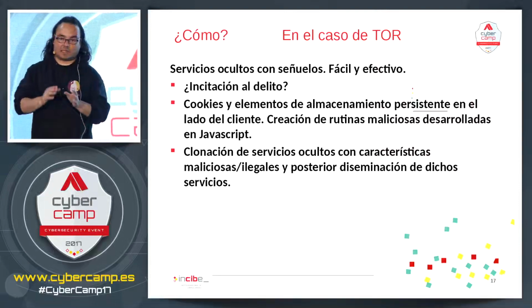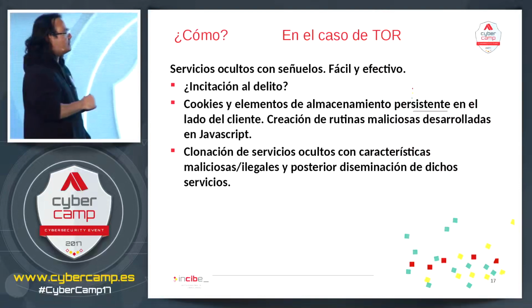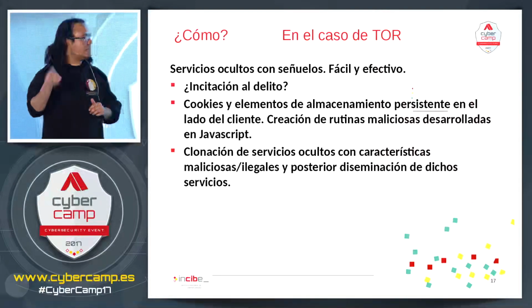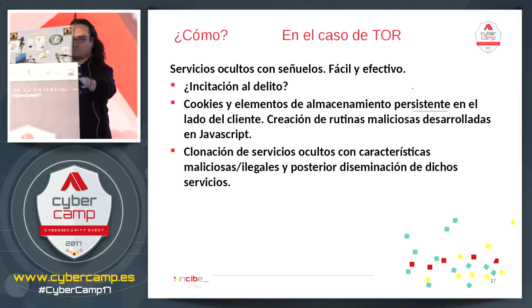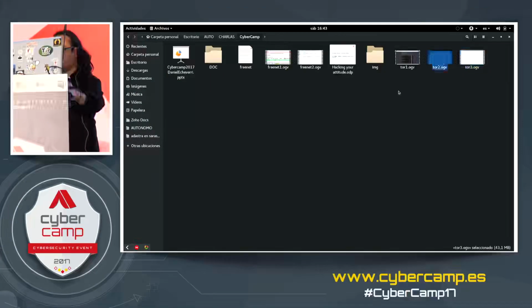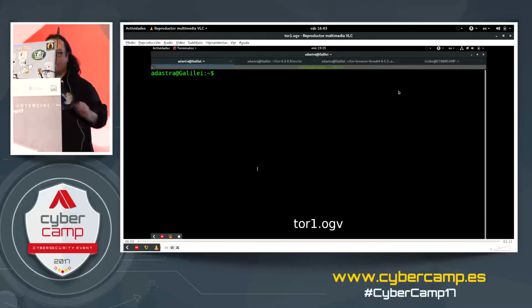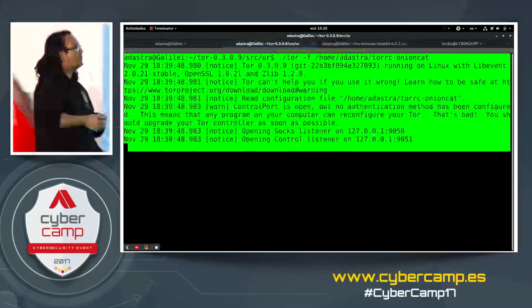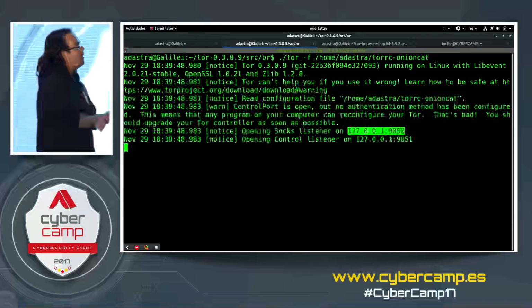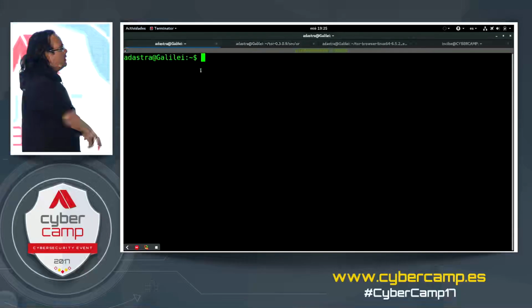So we can clone hidden services with malicious or illegal features and then disseminate those services in the deep web. For instance, in this particular case, we disclose a TOR instance manually.